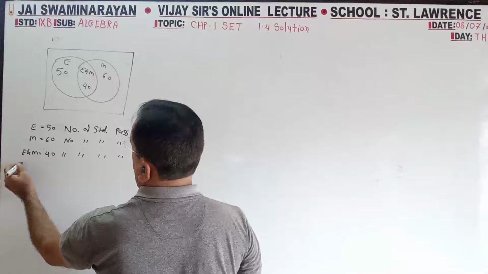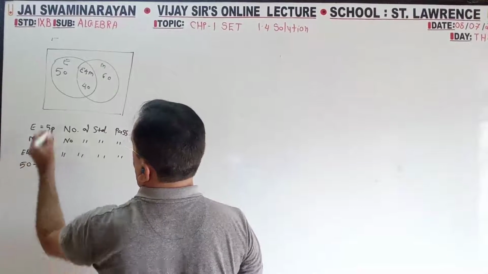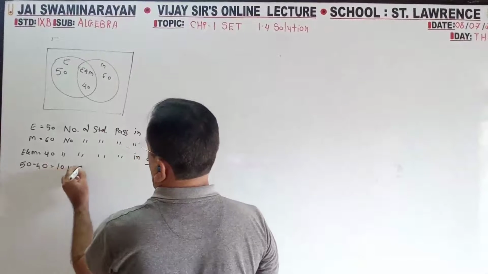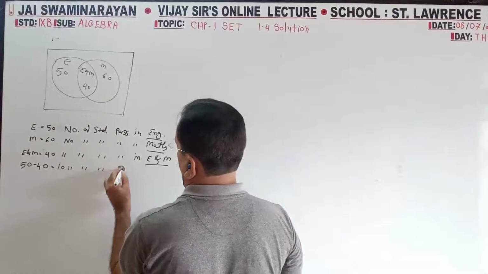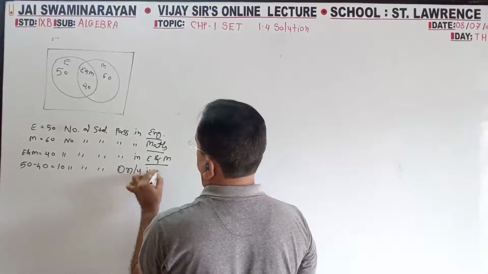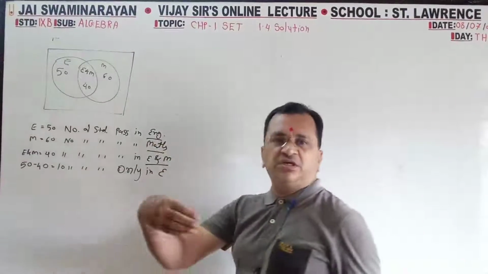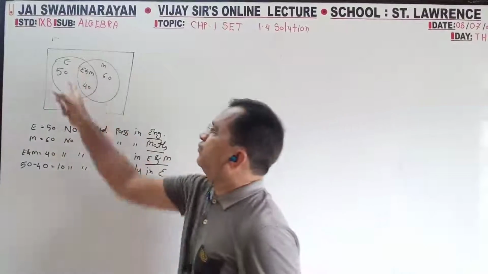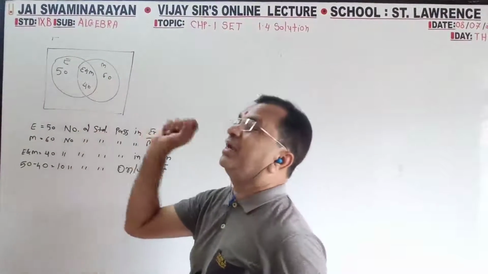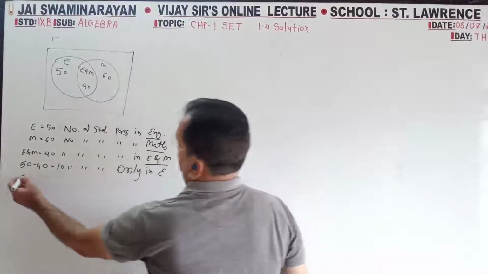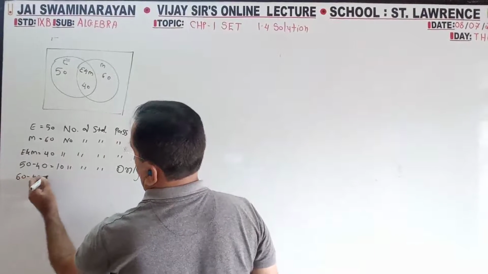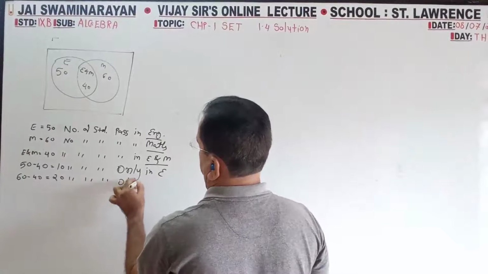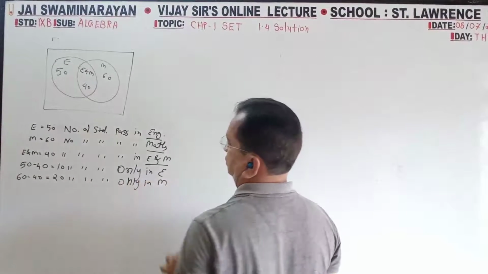So 50 minus 40, from 50, 40 removed: 10 students pass only in English. That joint student I have removed from the full 50. So only in English. 60 minus 40 is equal to 20, only maths.